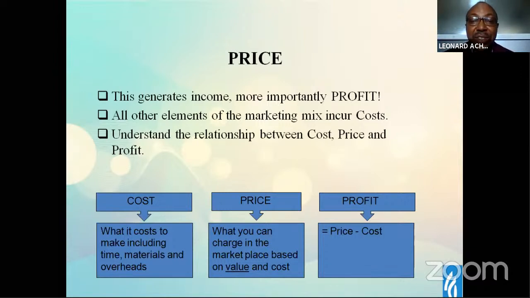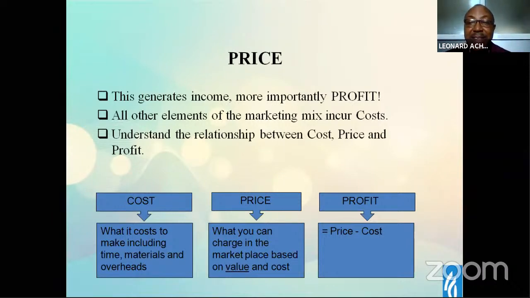And these are the features that price carries. What is price meant to generate, to the buyer or to the seller? So we said price generates income, more importantly, profit. All other elements of the marketing mix incur cost.